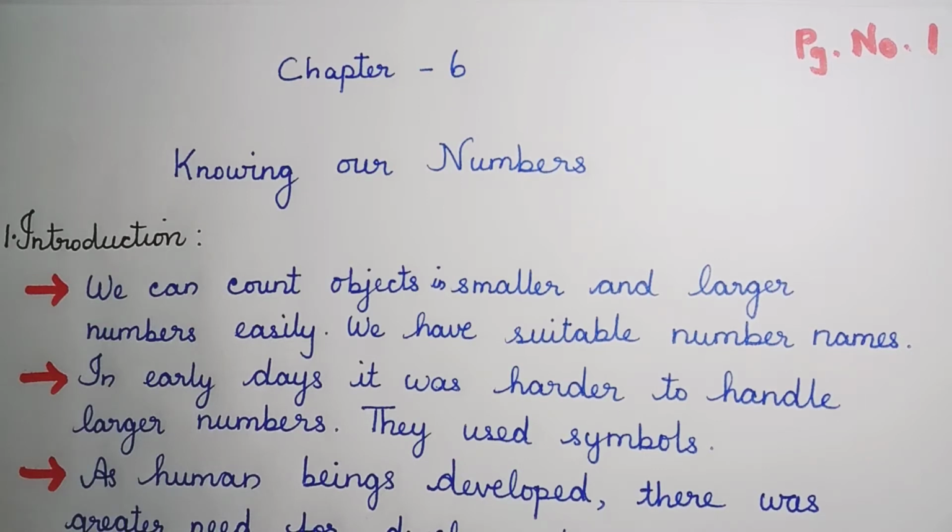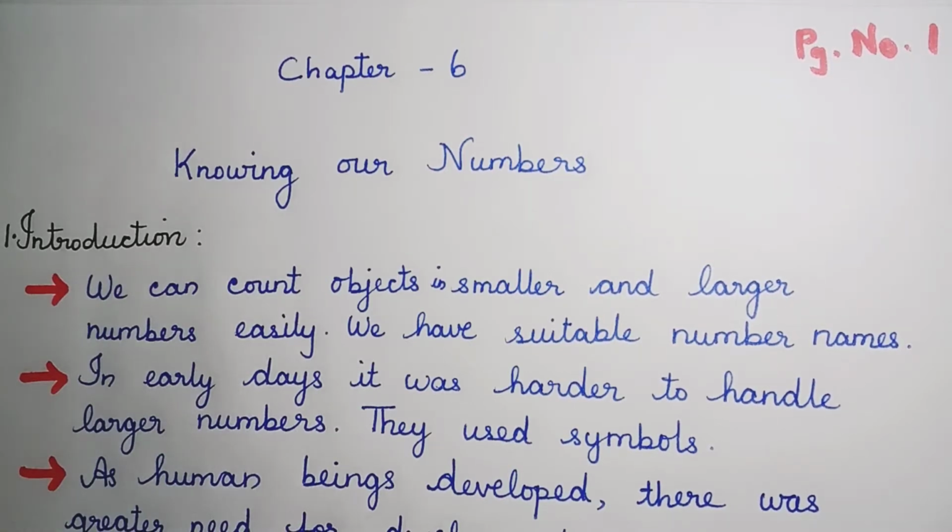We have suitable number names also, like 1, 2, 3, etc. For bigger numbers we have number names like tens, hundreds, thousands, lakhs, crores, etc. And we have suitable names for smaller numbers like 1, 2, 3 up to 8, 10. So nowadays it's easy for us to count objects in both smaller and larger quantities.